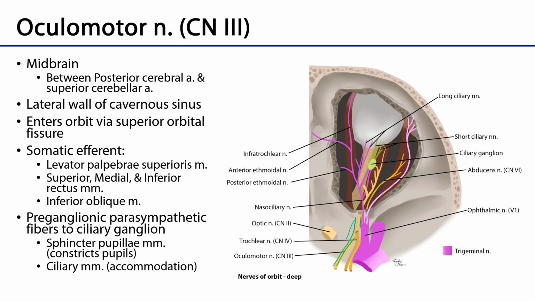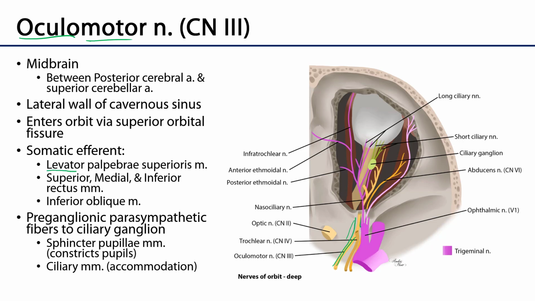The first, and probably most obvious by its name, is that it is somatic efferent to the extraocular muscles. So, oculomotor nerve drives the muscles that drive the eye. But not all of the extraocular muscles.